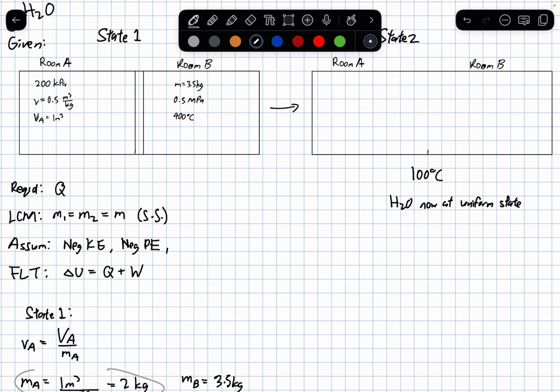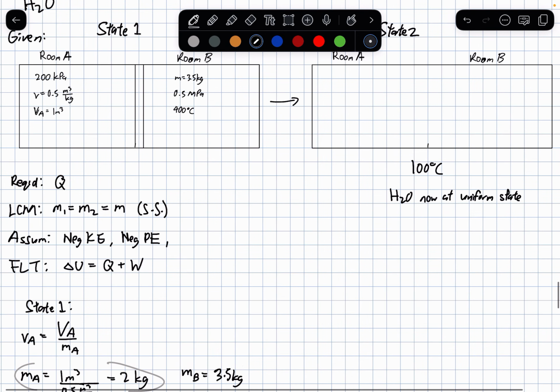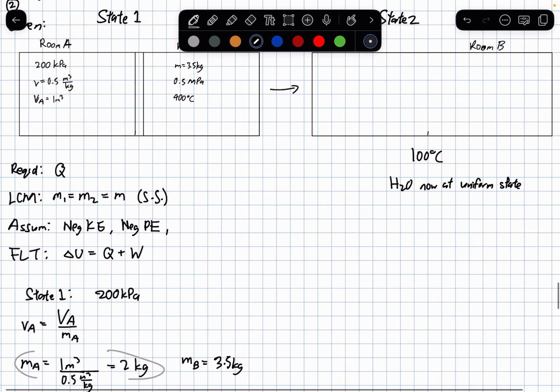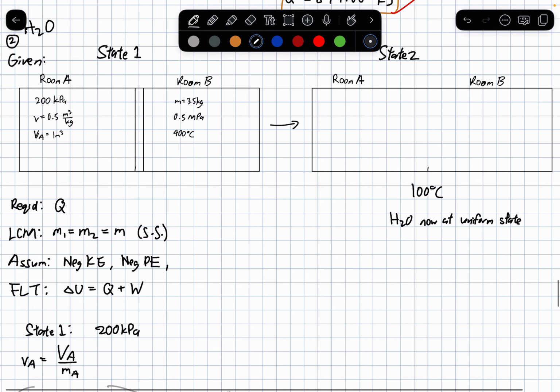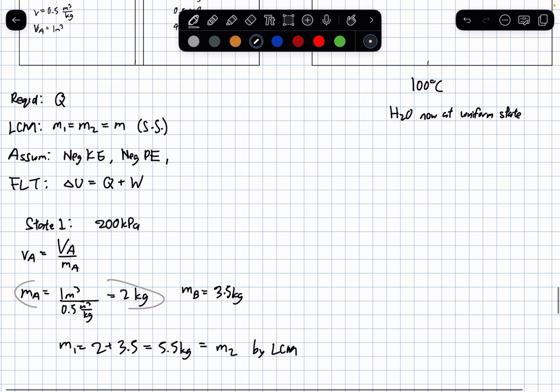What do we do next? We have a pressure, no? 200 kilopascals in state 1. Wait. That's for room A specifically. Oh, okay. What do we do?